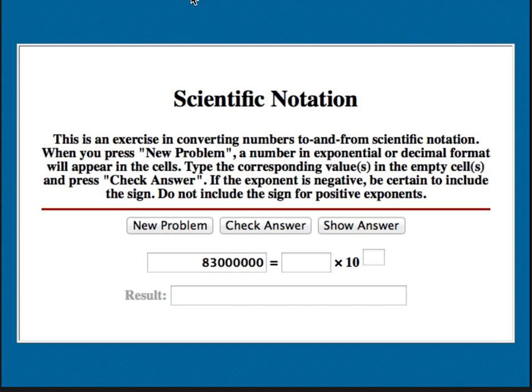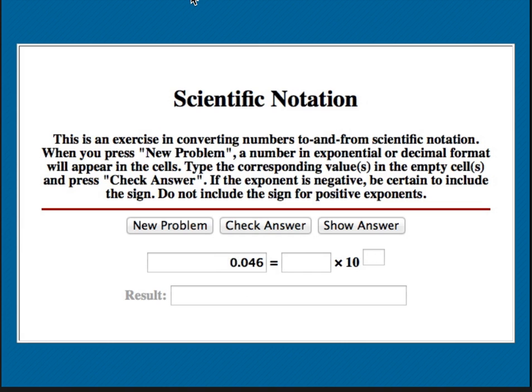Now we can do that. We want to have our decimal here, so our coefficient is going to be 8.3, correct? Now to do that, we had to move it to the left 1, 2, 3, 4, 5, 6, 7 places, so it's 10 to the 7th. Don't put in plus 7. If it's negative, put in the negative sign, but don't put in the plus sign. It doesn't do that.